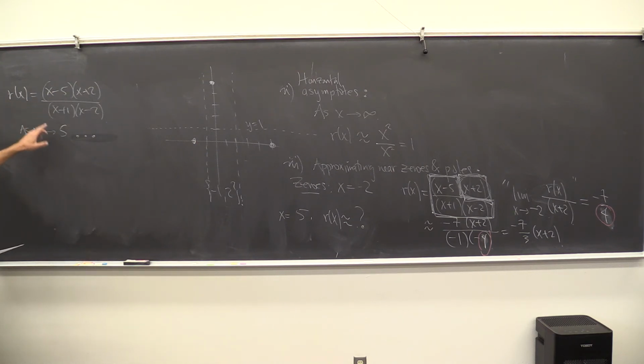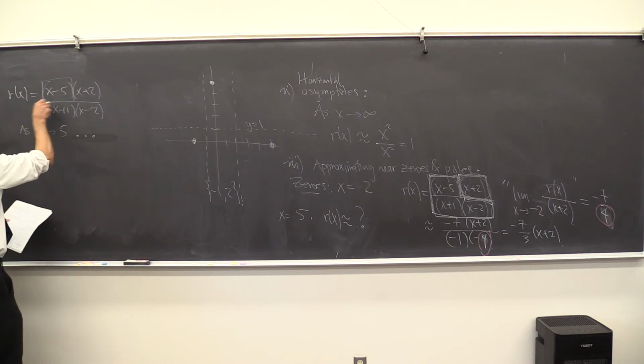Okay, let's do this one. So as x goes to 5, what are we going to do with this? Yeah, Olivia. Plug in 5 for all the x's except for the numbers. Right.